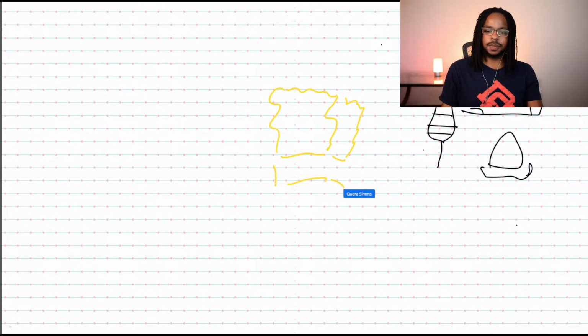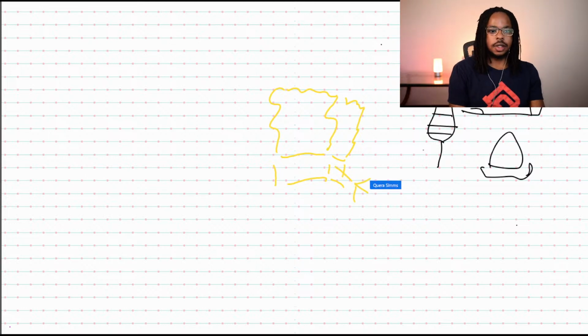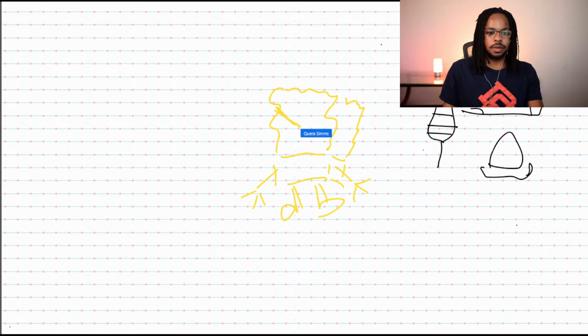Okay, there we go. Let me pull up the thing. It's a sistrum, an ancient Egyptian sistrum. Here we go.